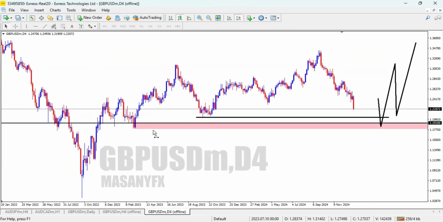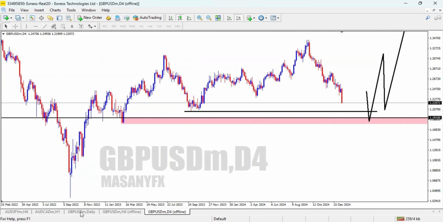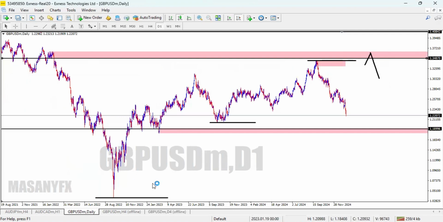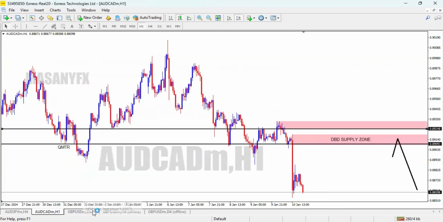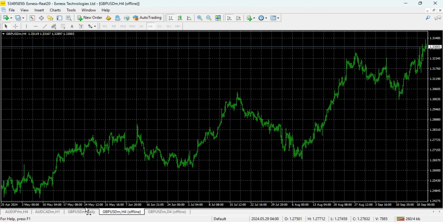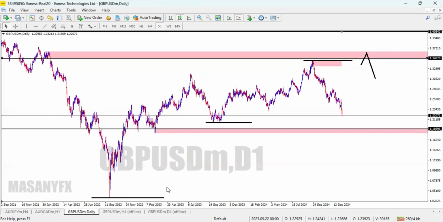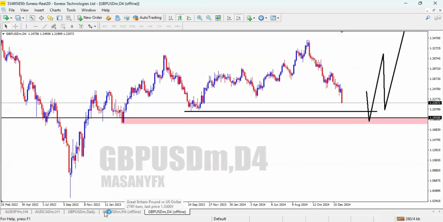So, yeah, this is the very same setup. What you see here and here is the same thing in different time frames.